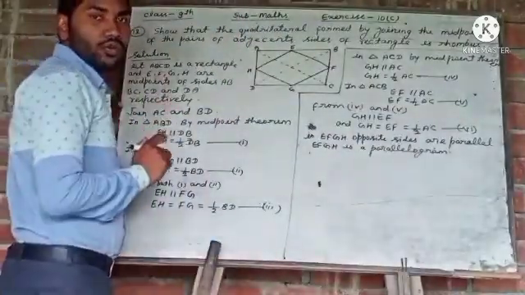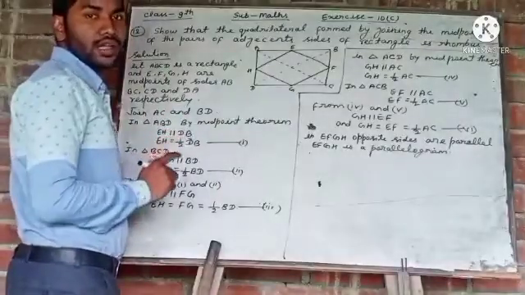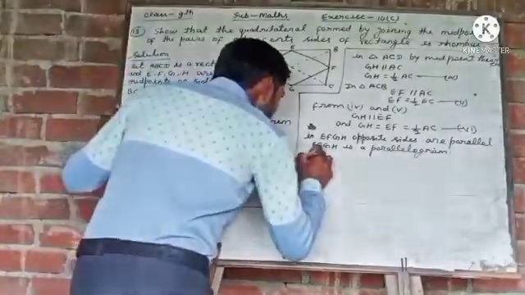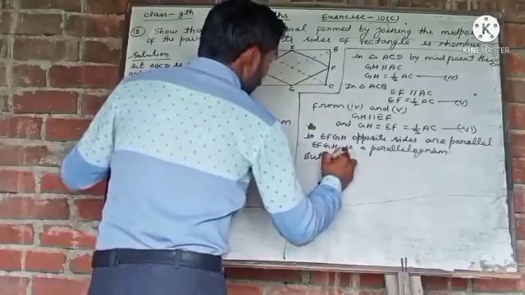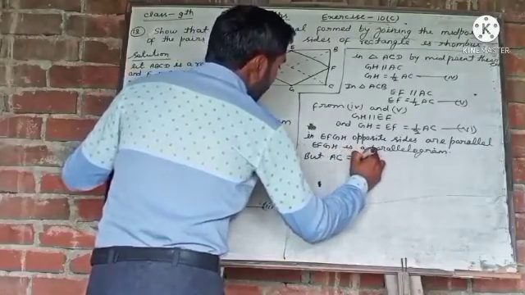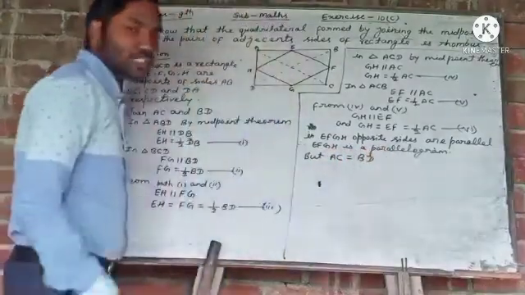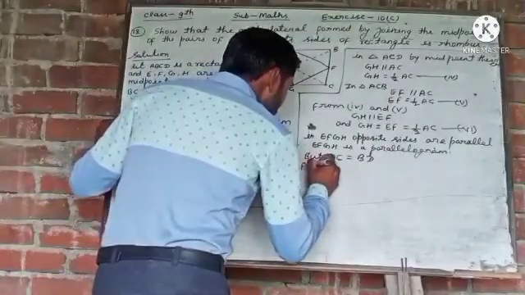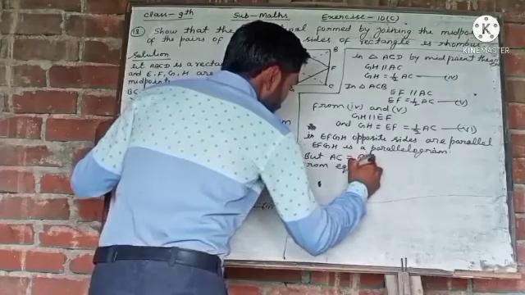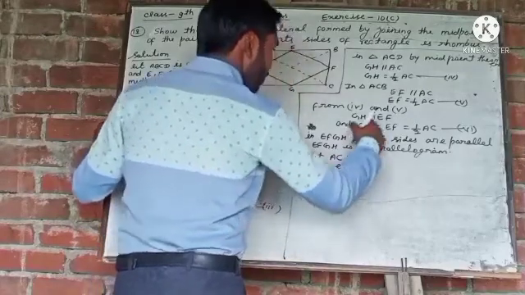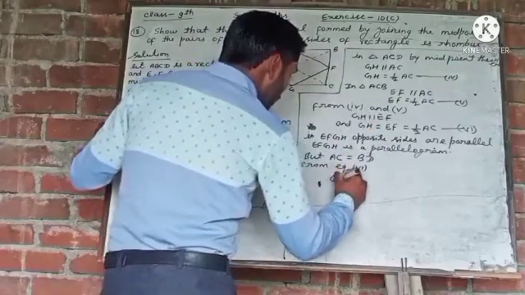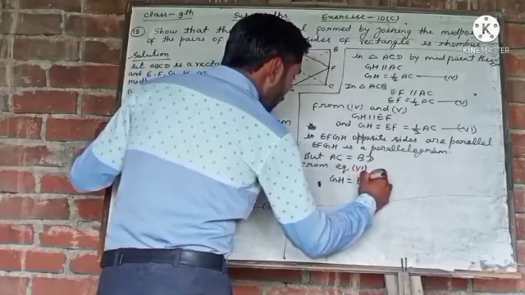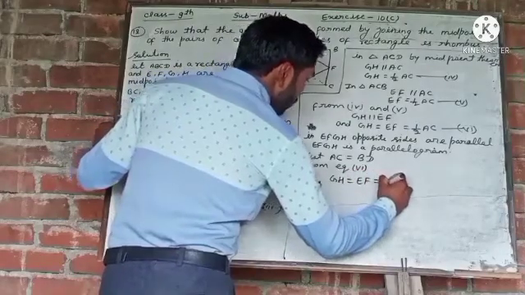Now, we know that the diagonals of a rectangle are equal. So AC is equal to BD. So in place of AC, we can put BD. From equation 6, GH is equal to EF, which is equal to 1/2 AC.